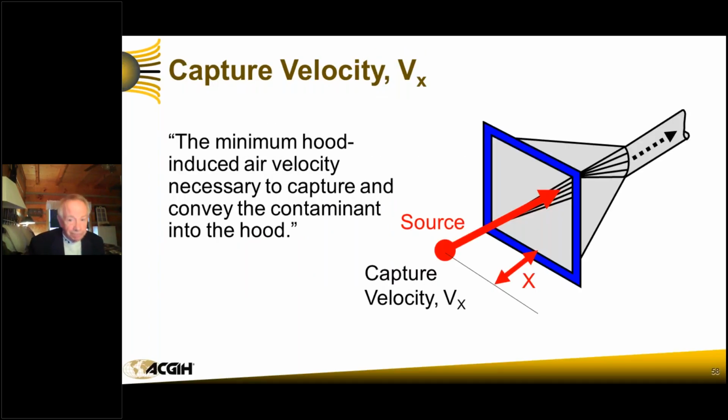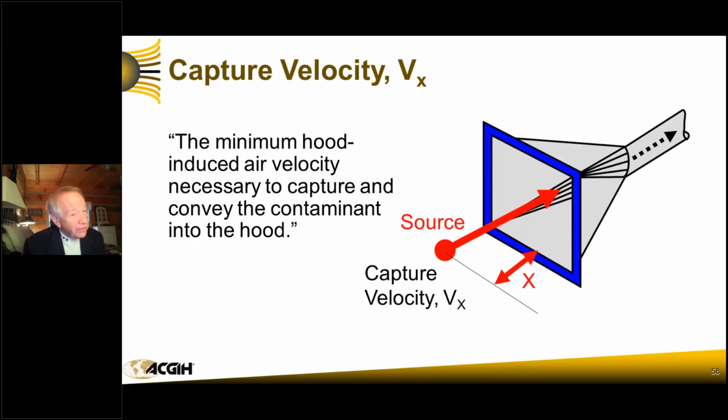Capture velocity. This is a sad one. This is one that Greg and I get on our high horse about. If you are at home measuring the capture velocity using a hot wire anemometer, we dare you, and Greg, if I'm not right, please jump in and get me right, to find the source that will tell you how to measure the capture velocity at X distance away from the front of it.